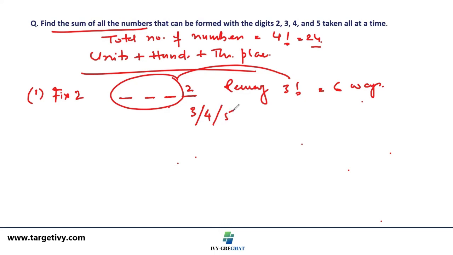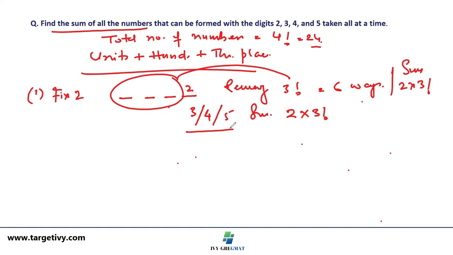So the sum total can be 2 multiplied by 3 factorial. Here the sum is 2 multiplied by 3 factorial.